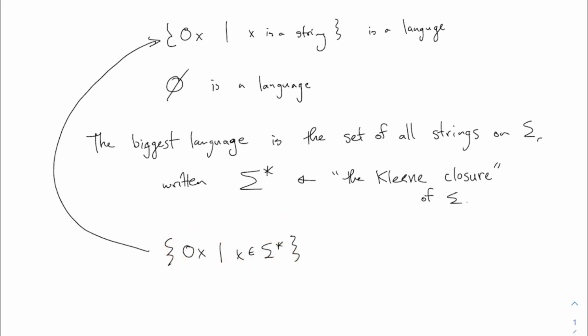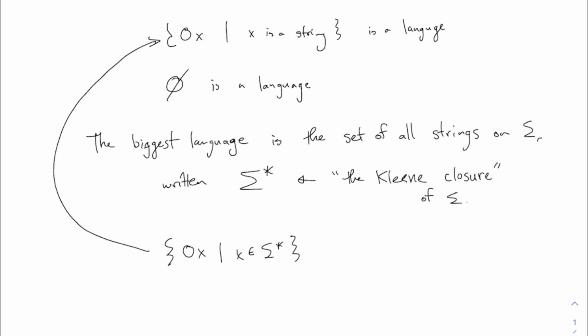So we will use sigma star all the time, not really by itself, but as a part of other things. It's a useful way to write things. So this means the set of all strings that look like 0 followed by something, and that something can be any other string. It's the same as what I wrote up there, just in words.